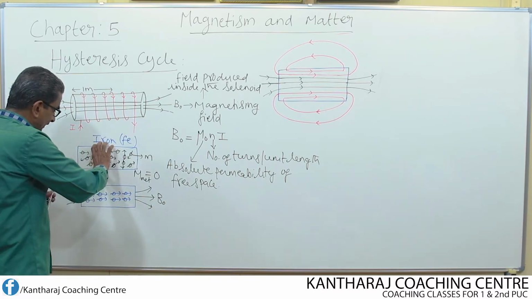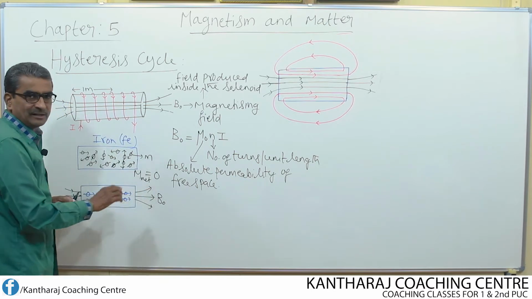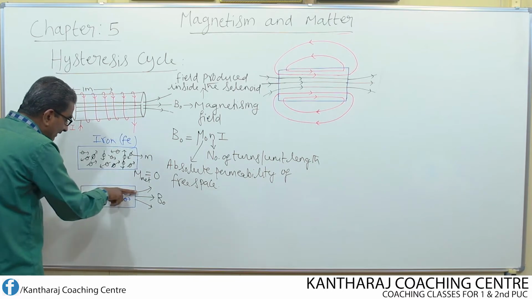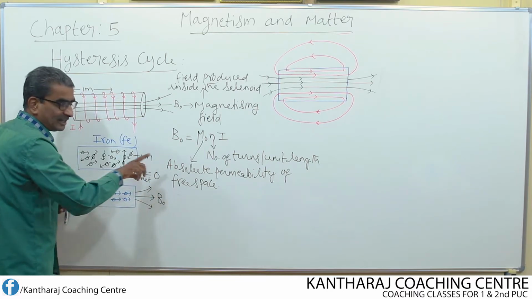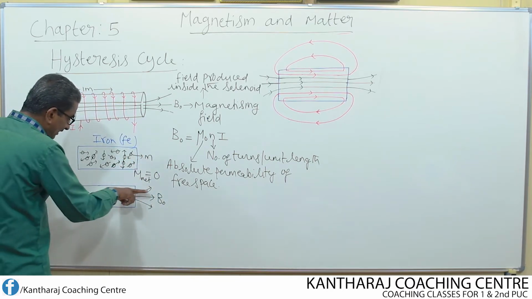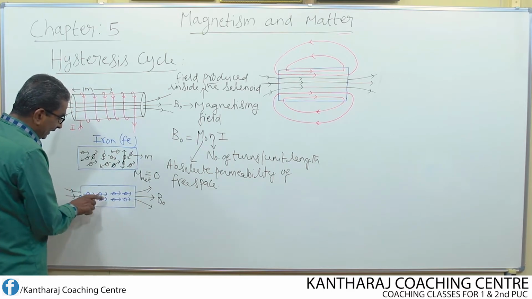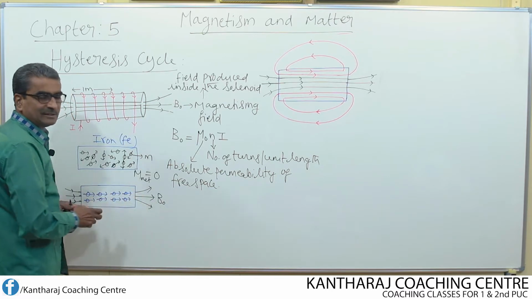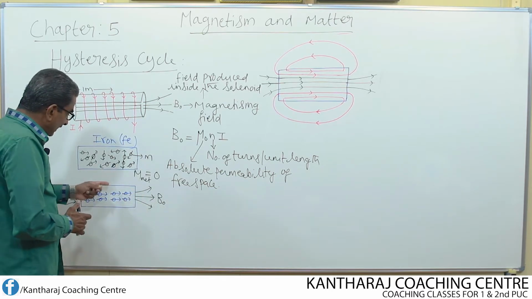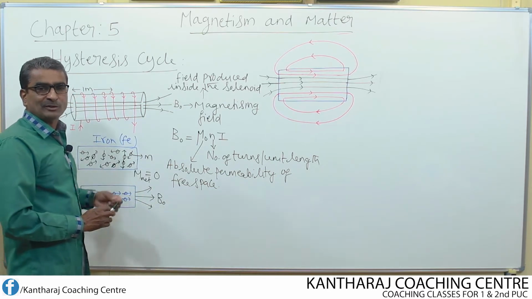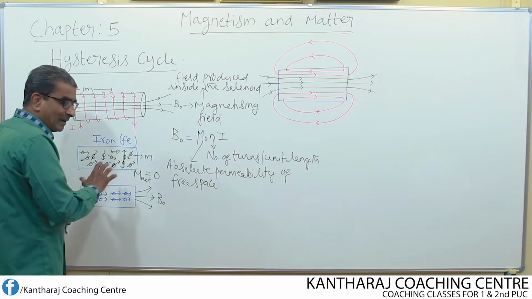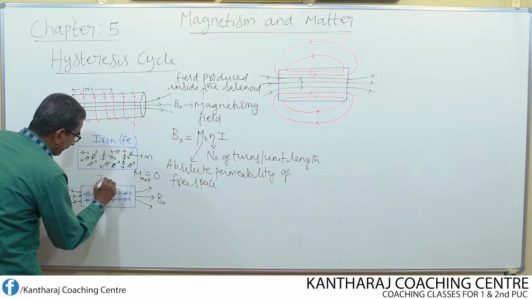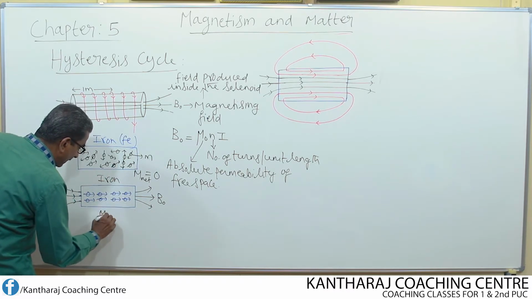If I keep this material in this magnetizing field, after some time all the magnetic dipoles align themselves in one regular order, all along the direction of the magnetizing field. So here the net dipole moment is not equal to 0. Now the specimen gets magnetized. That means the same iron bar now behaves like a magnet.